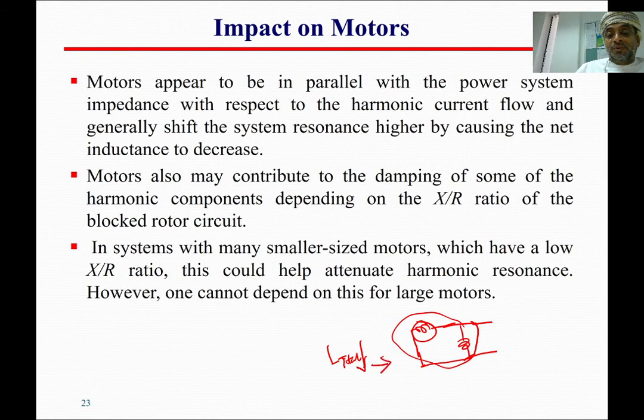What will be the effect? The effect will be on the harmonic, because the resonant frequency is given by 1 over 2π root LC. So if the inductance goes low, the harmonic frequency will go up.